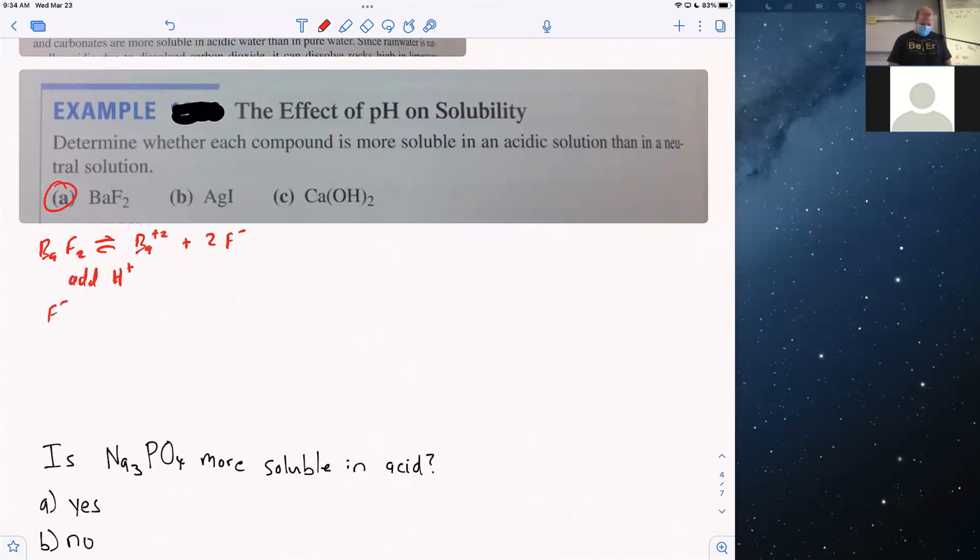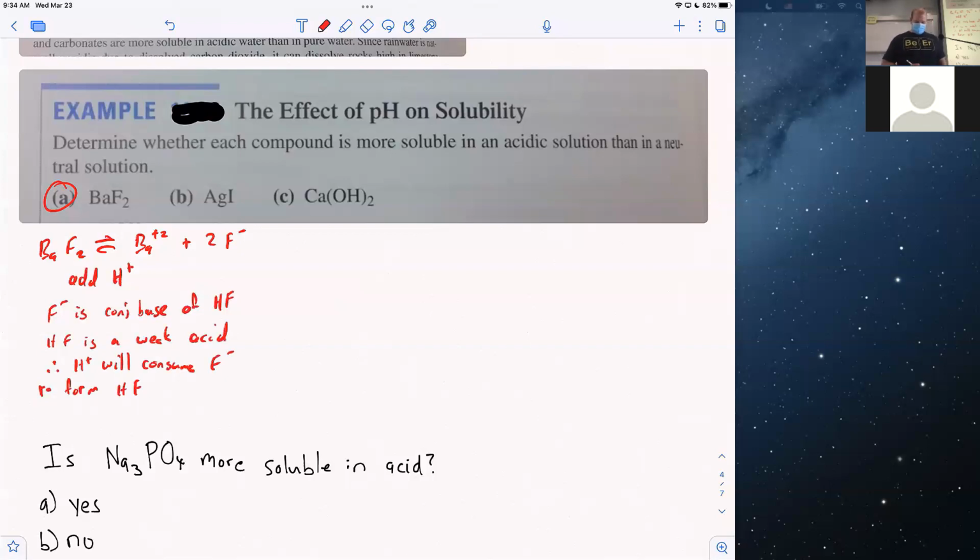Well, F minus is the conjugate base of HF. HF is a weak acid. Therefore, H plus will consume F minus to form HF.